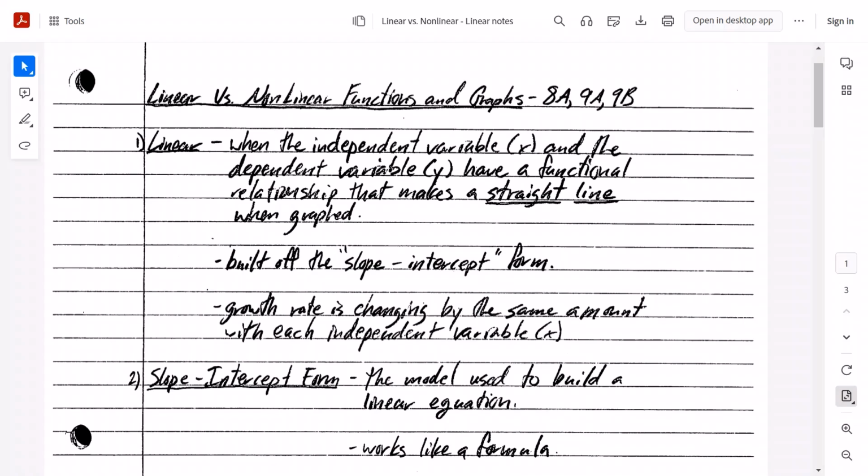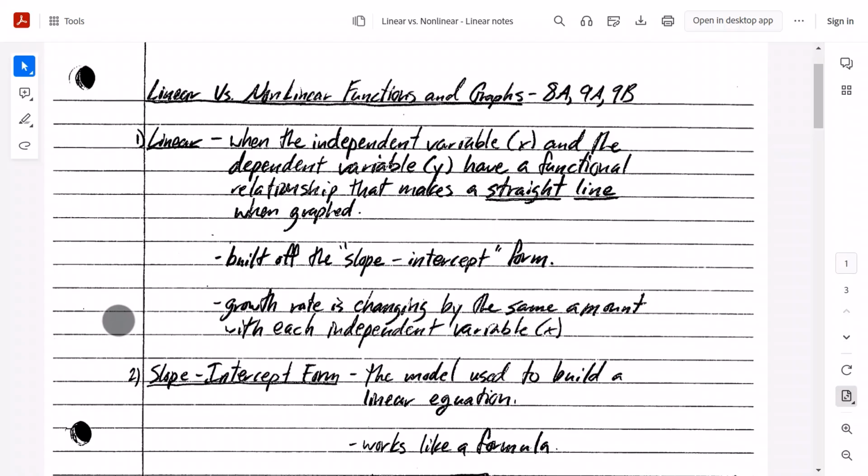I did kind of henpeck things from those sections to build this lesson. Because honestly, some of the ways that they did it in the textbook, especially when it gets to the nonlinear stuff, they made it a little bit more difficult than it needed to be. So we'll look at that on Wednesday. But for now, linear.